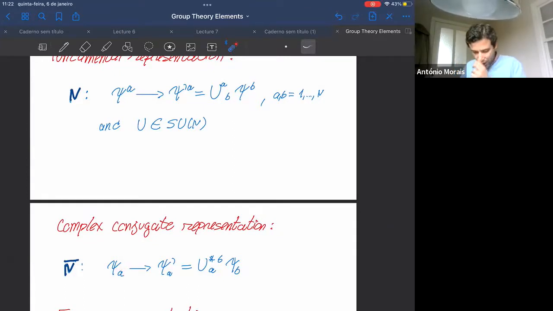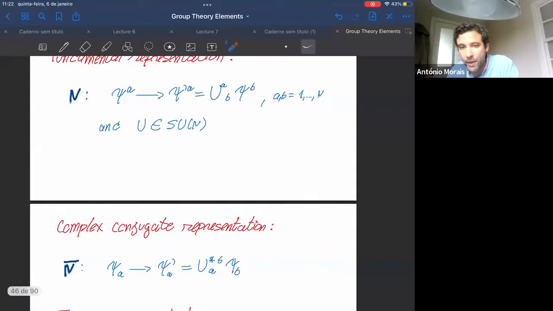We always know whether we're talking about fundamental or anti-fundamental indices by looking at whether they are up, fundamental, or down, anti-fundamental. Some authors do the opposite, but this is the way I usually work, so I prefer to keep my way of treating things.